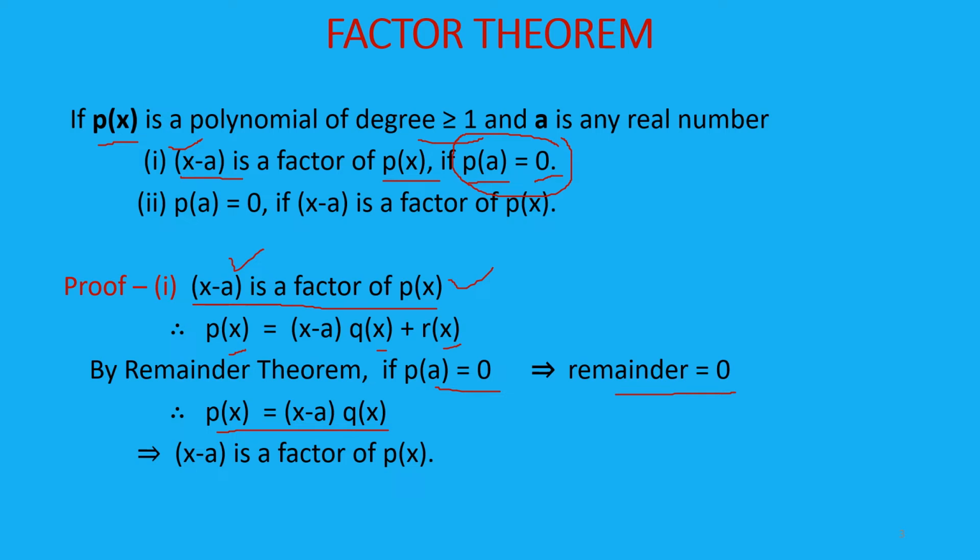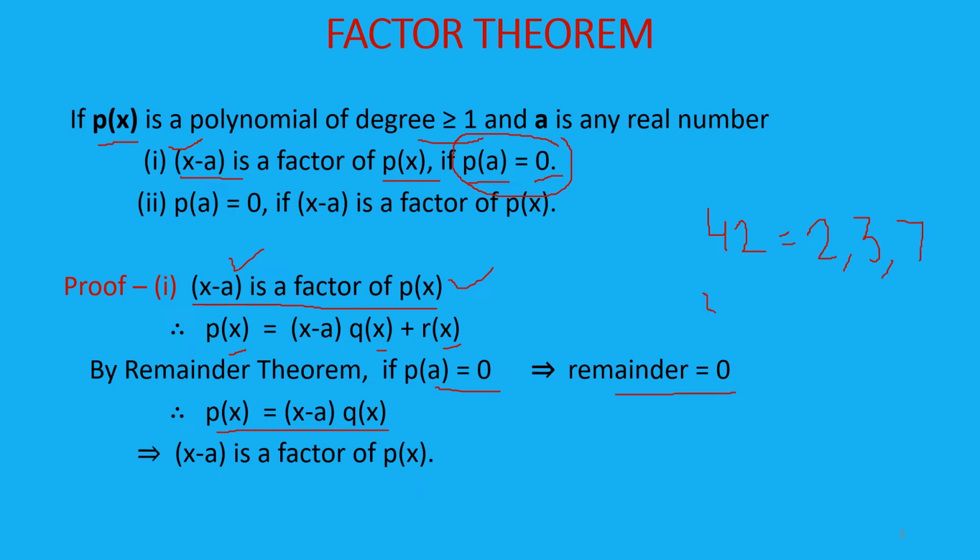Here I want to explain one more thing. Whenever we are writing factors of any number, that means we can write that number as the product of its factors. For example, if I have the number 42, and I do the factorization of 42, I will get the factors as 2, 3 and 7. You can check it out.